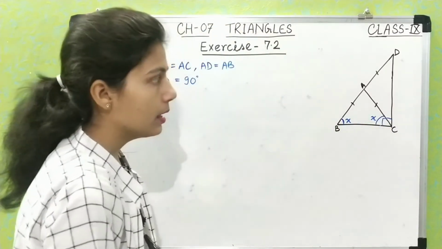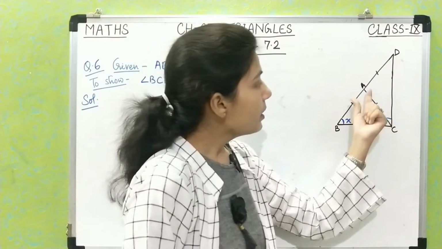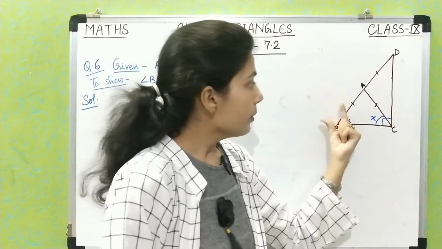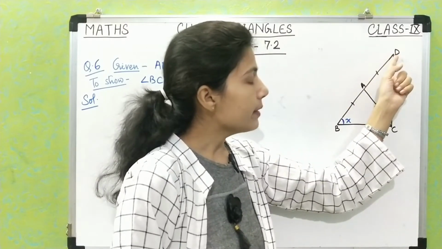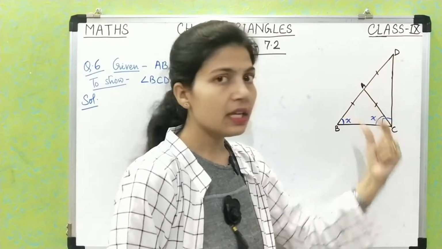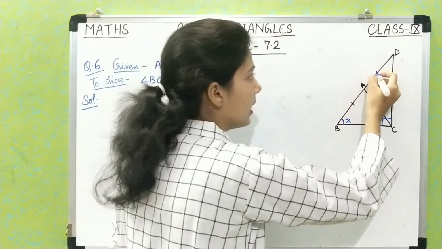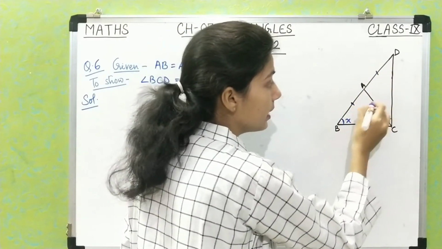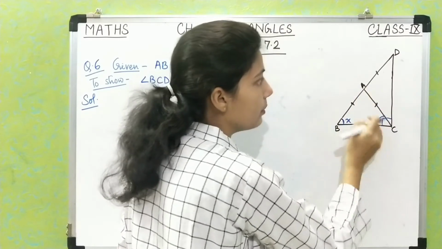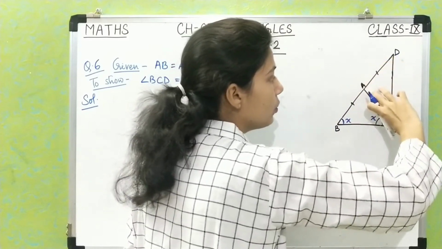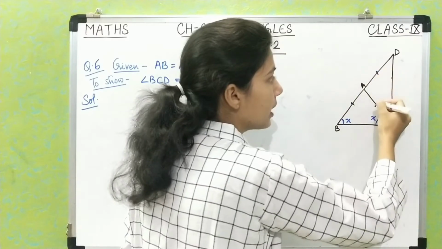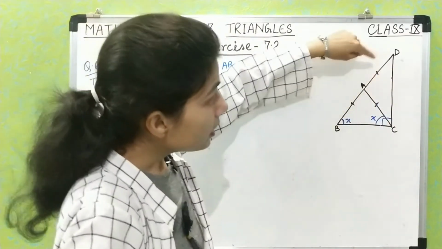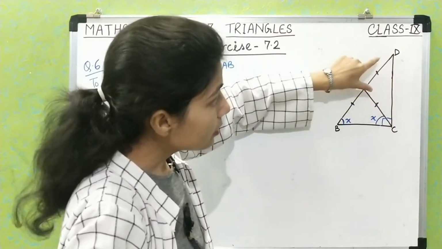Now we are given AB equals AD. When we produced AB to point D, AD is equal to AB. Meaning this side is equal to this side, and we have been given this side is equal to this side, meaning AB is equal to AC. It means AD will also be equal to AC. Then in triangle ADC these two sides are equal.